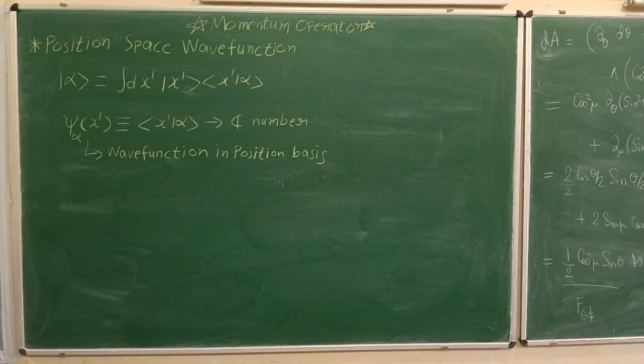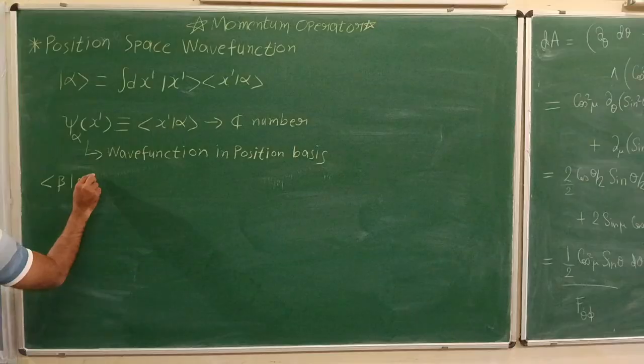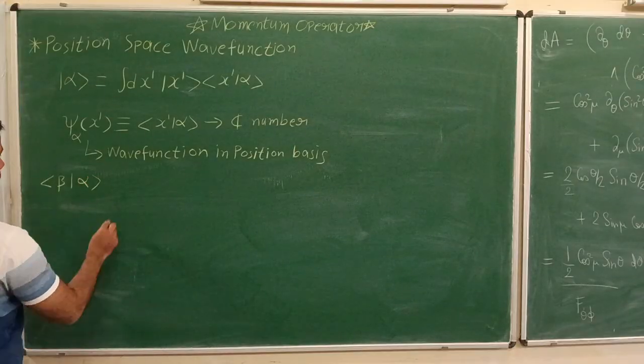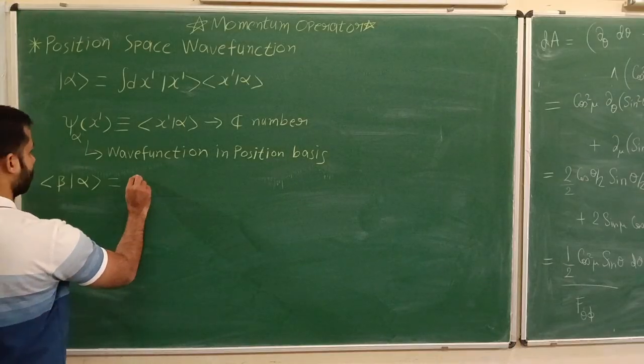Right. So let's try to see the overlap of two different functions, two different states, alpha and beta. And let's use the identity.